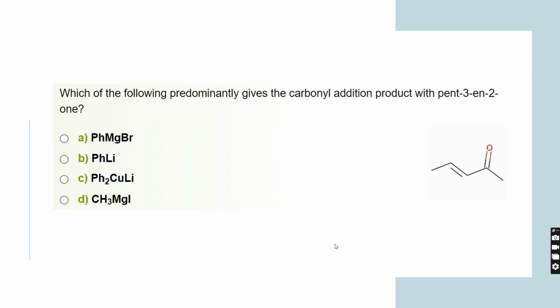When it comes to 1,2 addition on carbonyls, this particular electrophilic center is a hard electrophile, and for 1,4 addition, this particular carbon center, which is electrophilic, is actually softer.